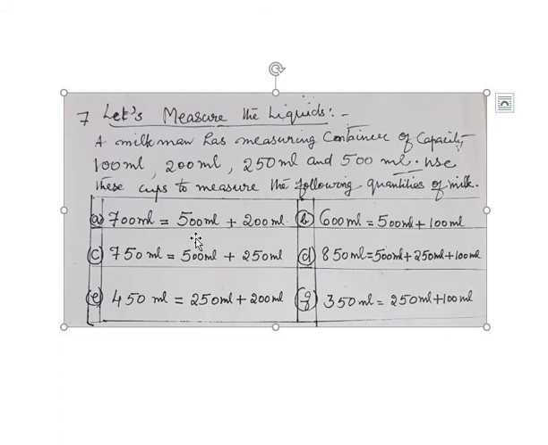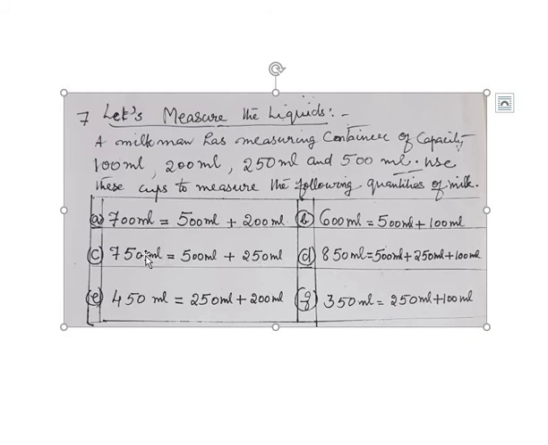So a milkman can use the 500 ml can full and the 200 ml can also. Second, if he wants to measure 600 ml, which cans can he use? He can use the 500 ml can and the 100 ml can. So 500 plus 100 equal to 600. So he can use this way.